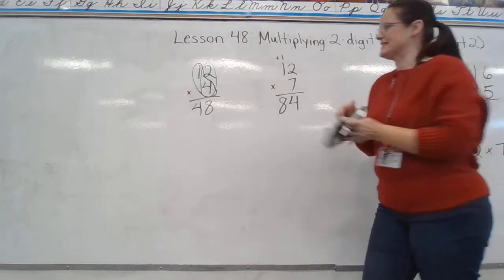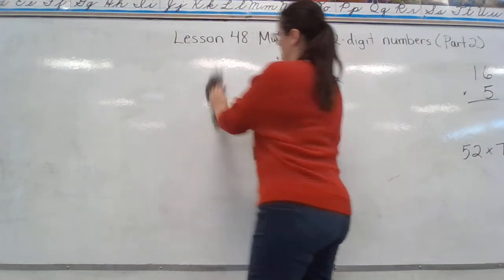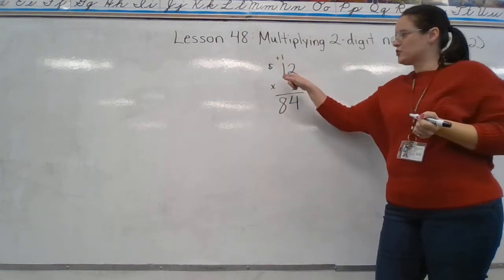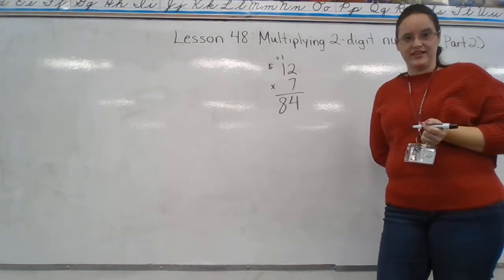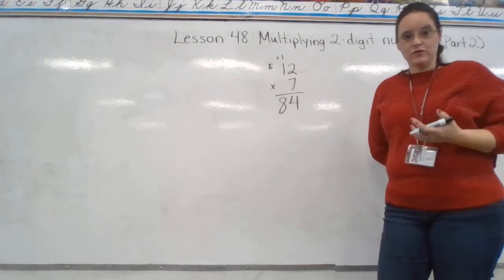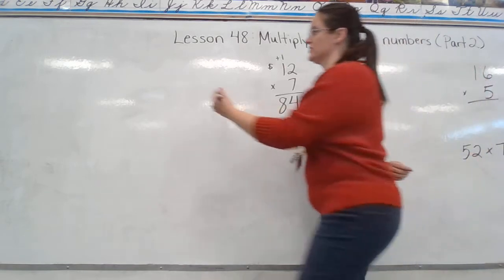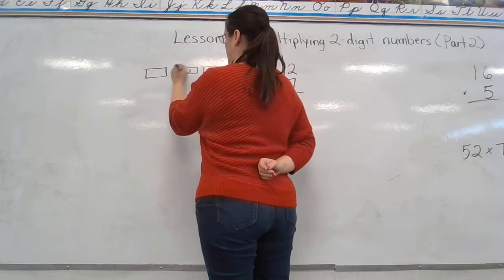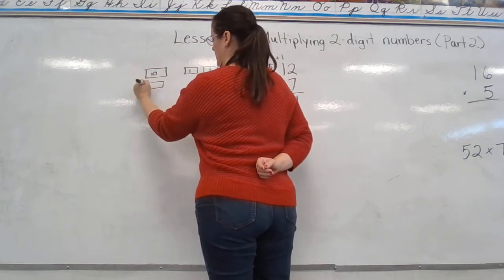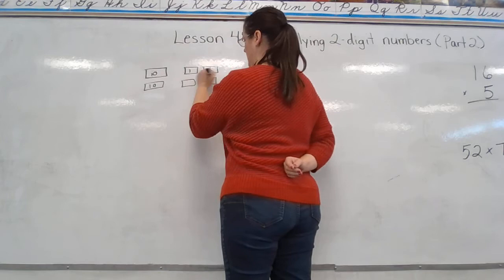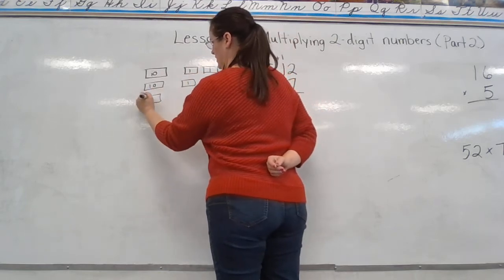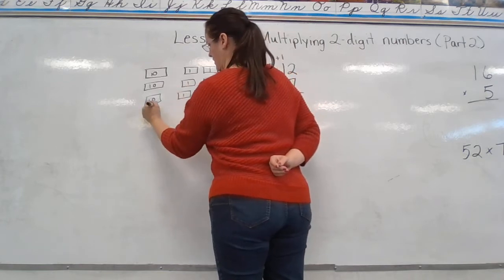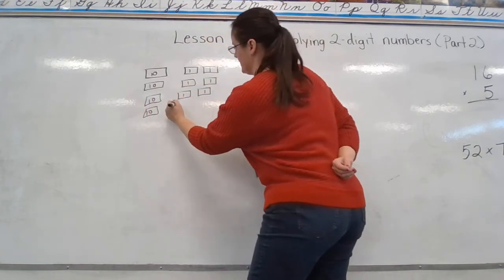So let's look at this as a model. Let's pretend we were talking about money and we have $12 times 7. So we're going to have 7 groups of $12. It takes a while to make 7 groups of this, sorry.